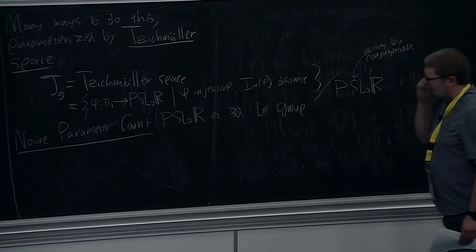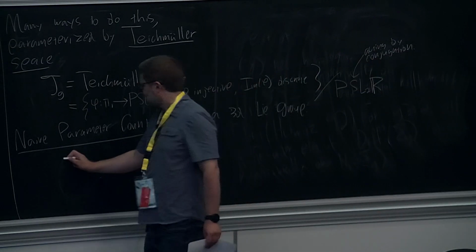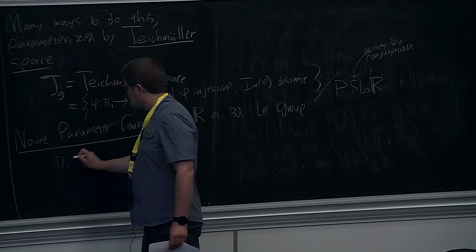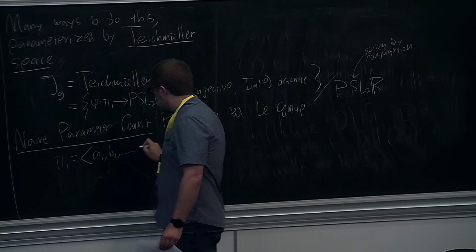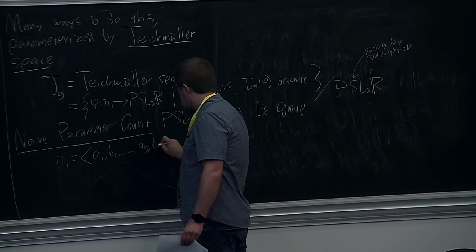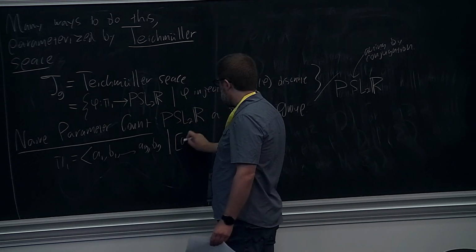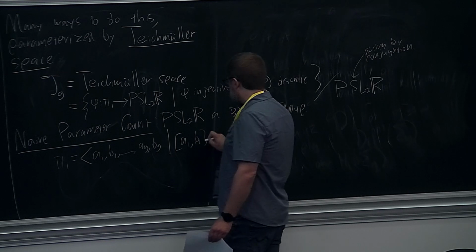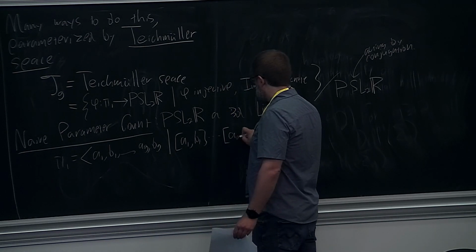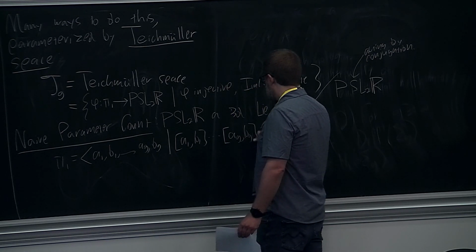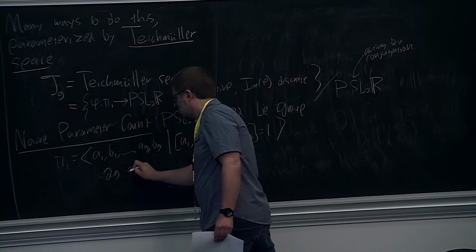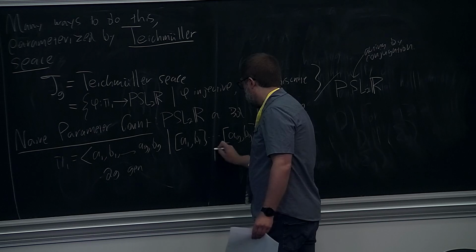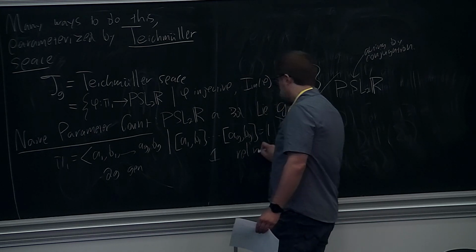And so now pi1, that right there is the very familiar group A1, B1 up through AG, BG, satisfying the usual surface relation. So there's 2G generators, and there's 1 relation, right?